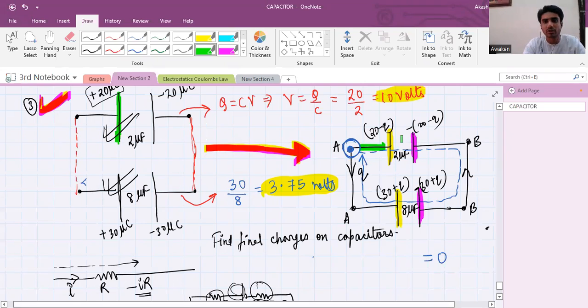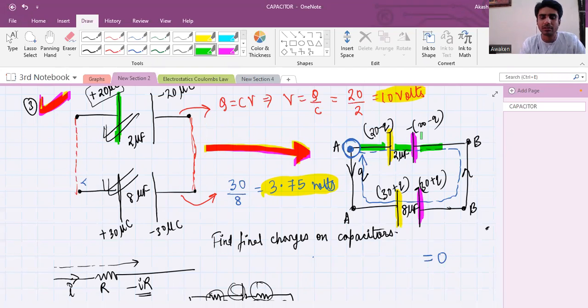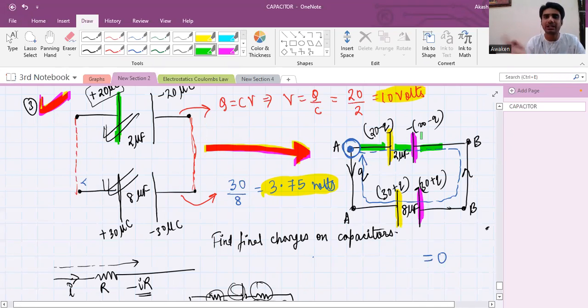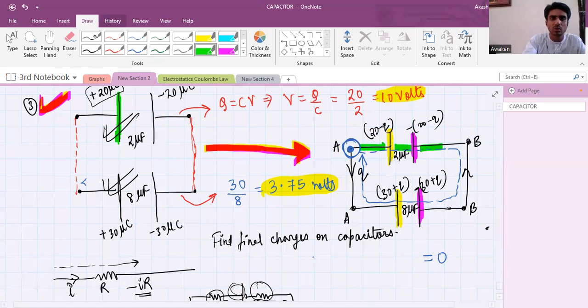When I'm crossing this capacitor, am I going from positive to negative or negative to positive? Left to right, positive to negative, which means potential drop, right? Higher potential to lower potential. So what is the potential drop?